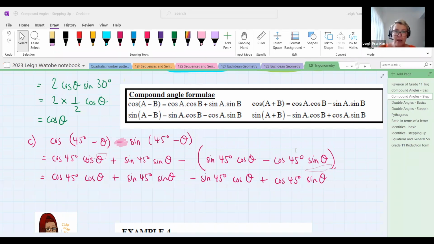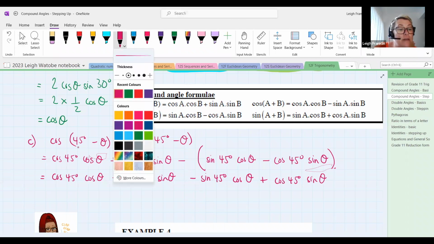If we don't apply our special angles, we're essentially stuck here with nothing that we can do. But as soon as we apply our special angles, then we're able to get going again. Remember, the cos of 45 and the sine of 45 are exactly the same thing. So let's do our special angles next.